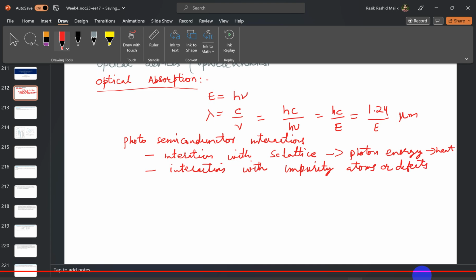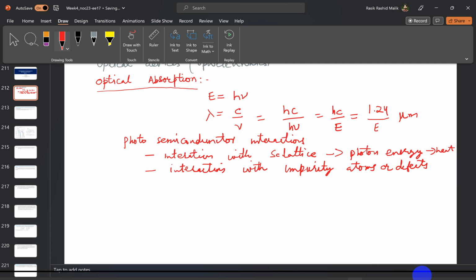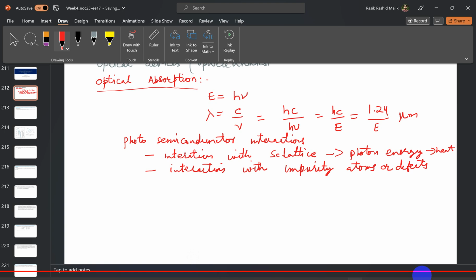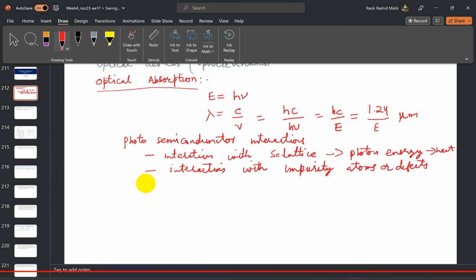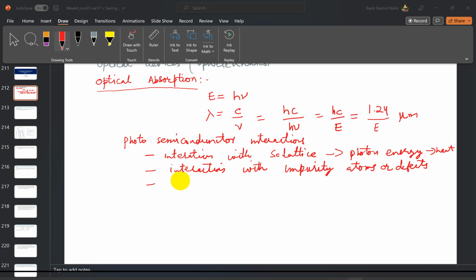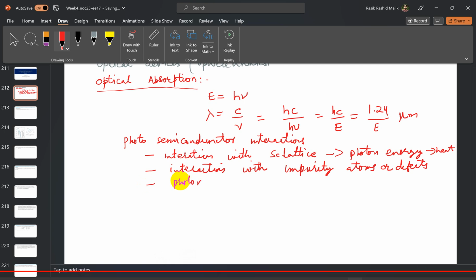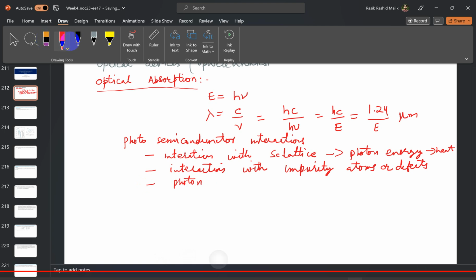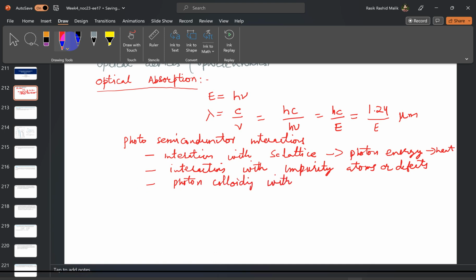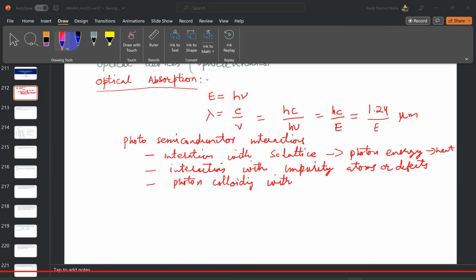However, the photon interaction process that is of great interest is when a photon collides with a valence electron, and then the energy is given to elevate the electron into the conduction band. Such a process, for example, is a photon colliding with a valence electron.